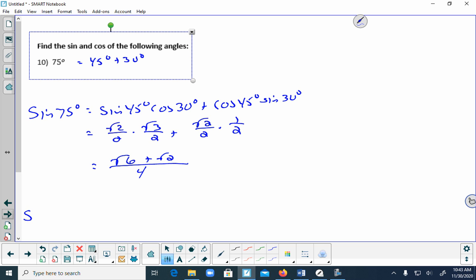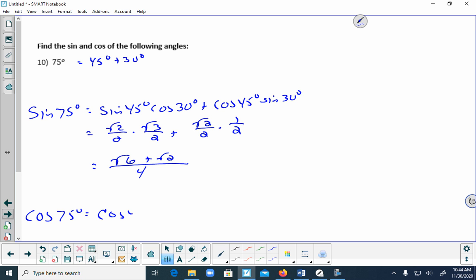Now I'm going to do the cosine of 75 degrees. So now I'm using the sum formula for cosine. So to do that, I'm going to do the cosine of 45 degrees, cosine of 30 degrees, minus sine of 45 degrees, sine of 30 degrees.